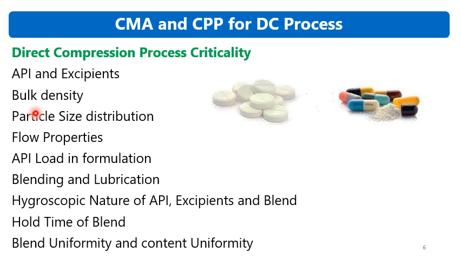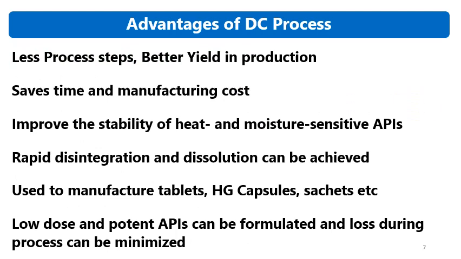That may be due to segregation and also due to the decreased flow of the blend. So hold time should be evaluated in a proper way. Blend uniformity and content uniformity should be a checkpoint for the blend flow and segregation.